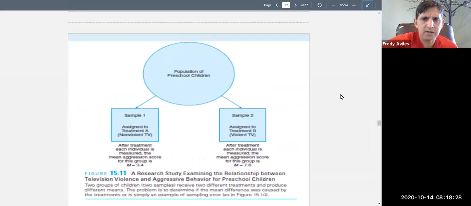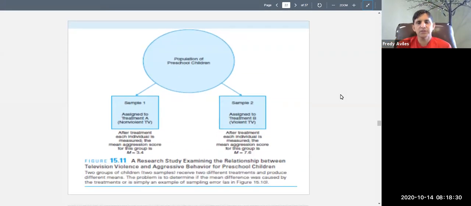Here's visually what it looks like. The population of preschool children, okay? Sample 1, which was assigned to treatment A, the nonviolent TV, had a measure of aggression of 3.4. And sample 2, which was assigned to watch violent TV, which are different kids, had a mean aggression of 7.6.